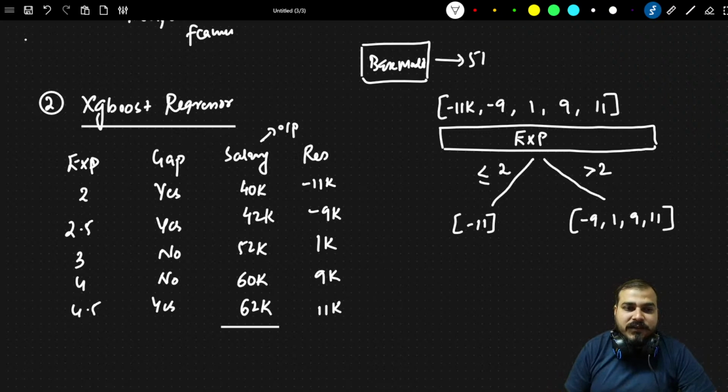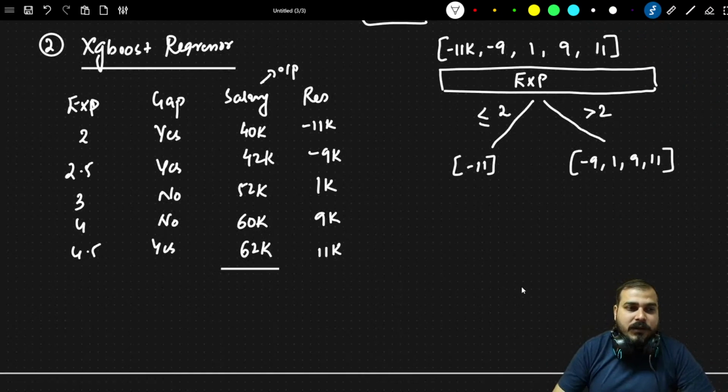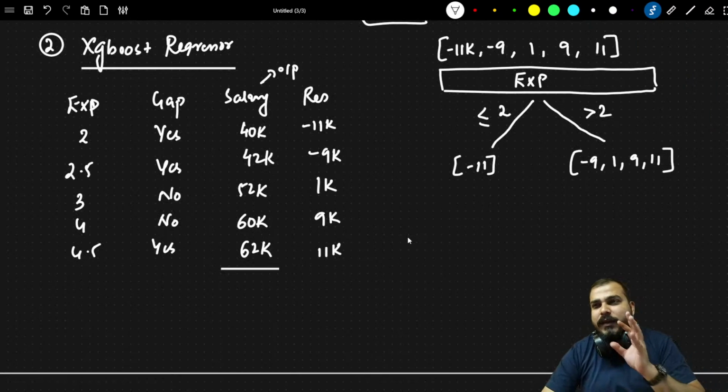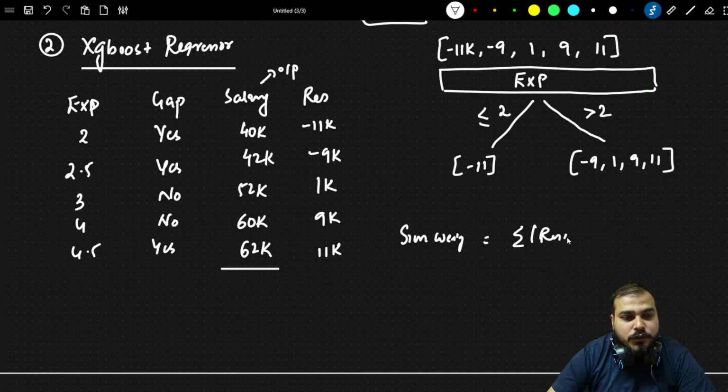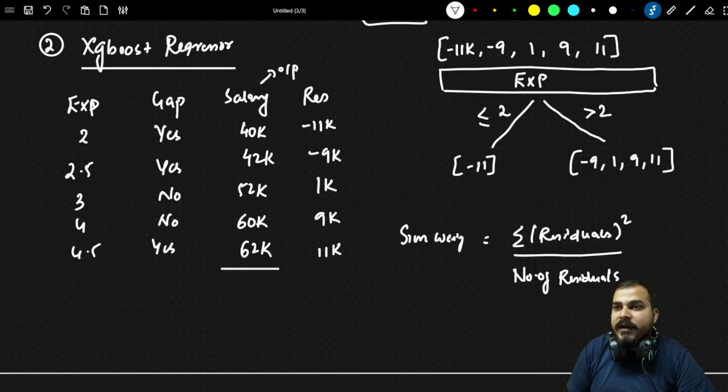Now what we are going to do after this is calculate the similarity weight. Here the formula will change a little with respect to regression. So similarity weight is nothing but the summation of residuals squared, divided by the number of residuals, plus lambda.